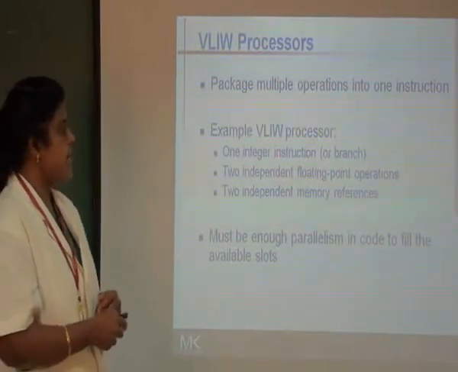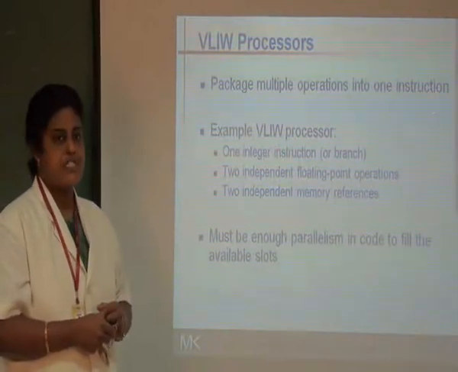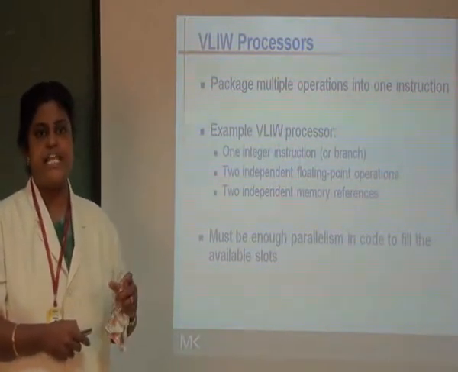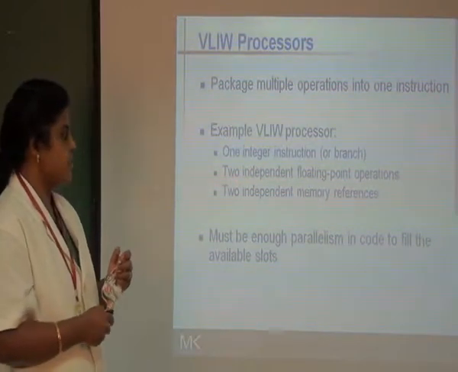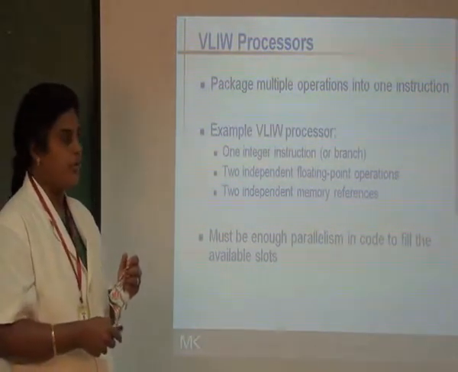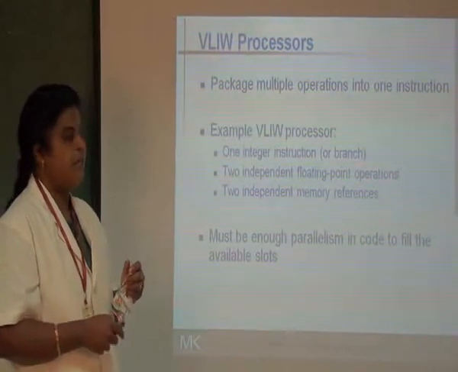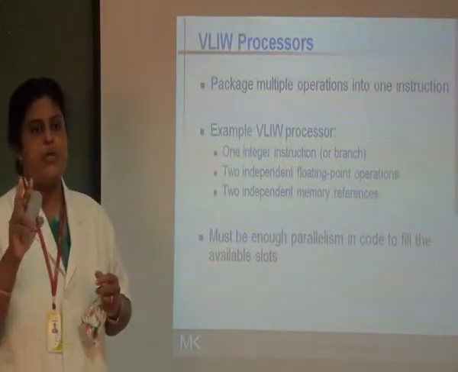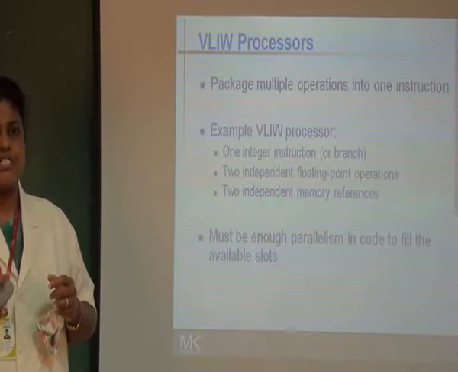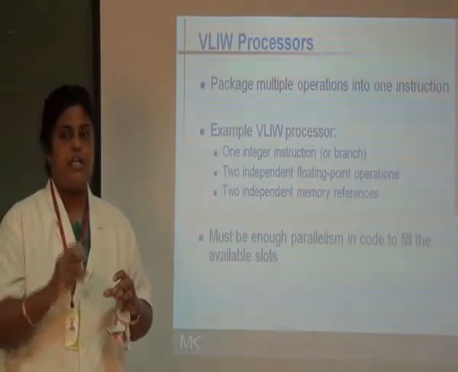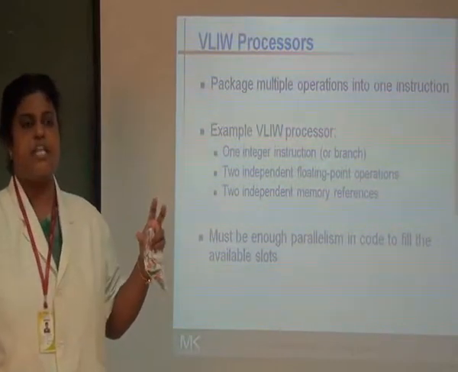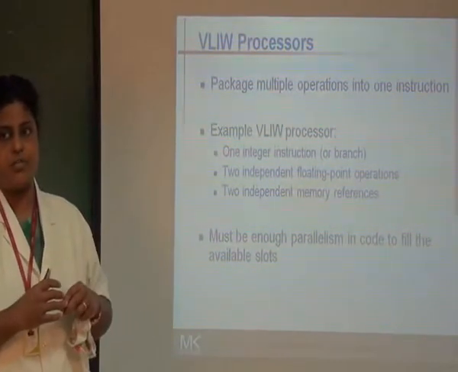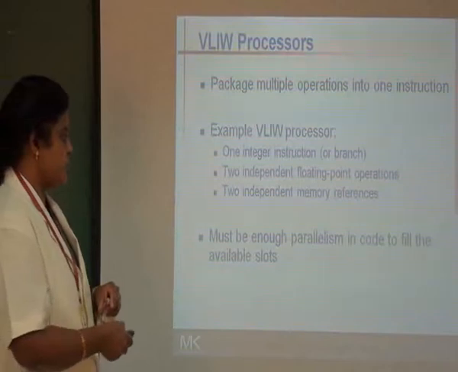What are examples of VLIW processors available? We can have one integer instruction, two independent floating point operations, and two independent memory references. Two independent floating point operations can be packed together to produce a single word, and that becomes a very long instruction which could be executed by this VLIW processor.